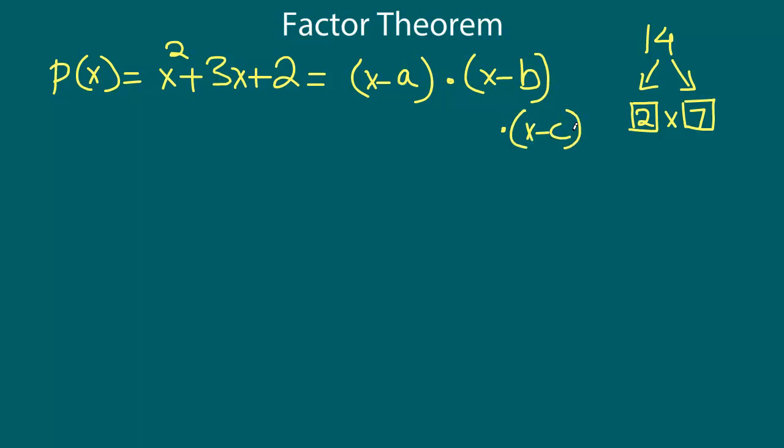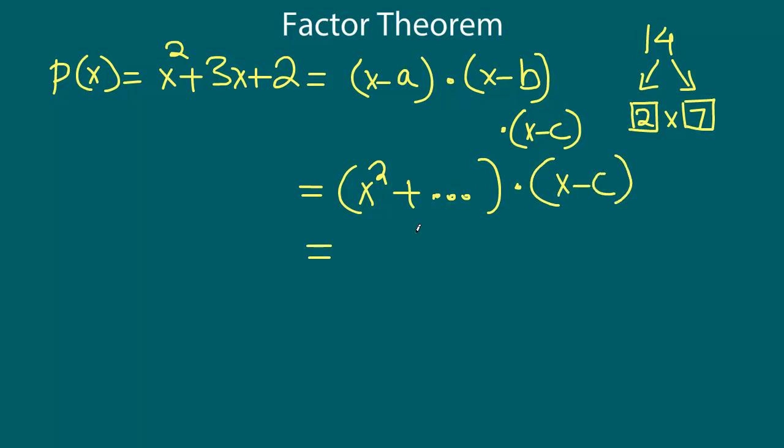Hypothetically, if we had done it, and multiplied these parentheses, we would get x squared plus something, and then times x minus c, which would give us x cubed plus something.